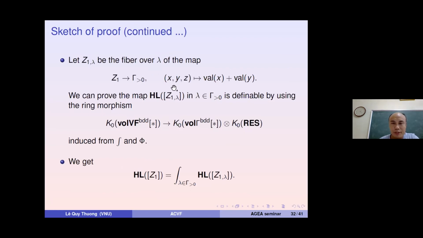Because this function is integrable, we can take the integral over gamma positive, and this is nothing but the SL of this one. Now we have to prove this value is zero, and it's enough to prove the function is a zero constant function.